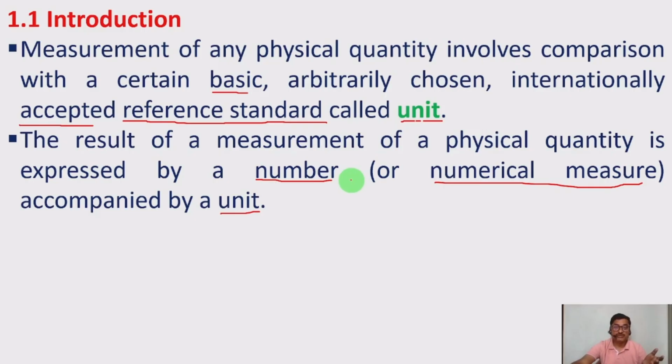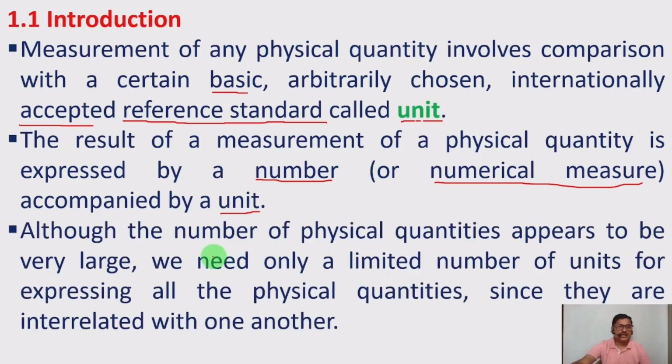That's why a measurement requires a number as well as a unit. If you mention 5 kg, then he can give 5 kg of grain. Otherwise, if you give only 5 grains, is that sufficient? No. That's why a measurement always has a number accompanied by its measuring unit.